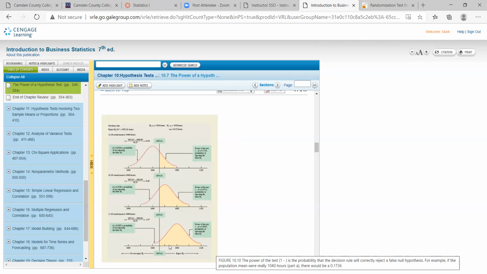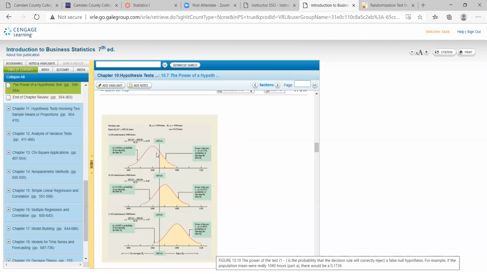We would find that with the smaller type 1 error, you have a larger type 2 error. Okay? That's the problem. The problem is that we can't have a really small beta and a really small alpha. So we can't always have this situation here.